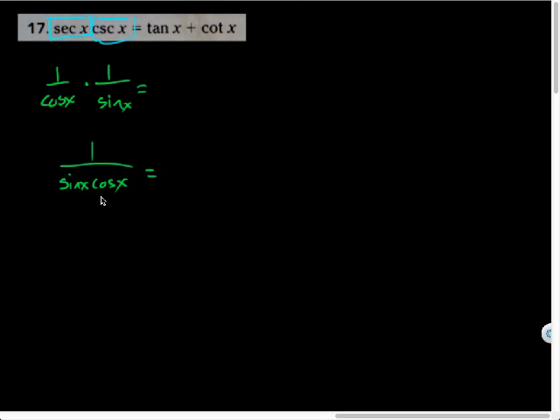It might be valuable for us to rewrite these in terms of sine and cosine as well, using their quotient identities. So I'm substituting everybody here. So tan x is the same as what now? Sine over cosine. And cotan x is the same as?